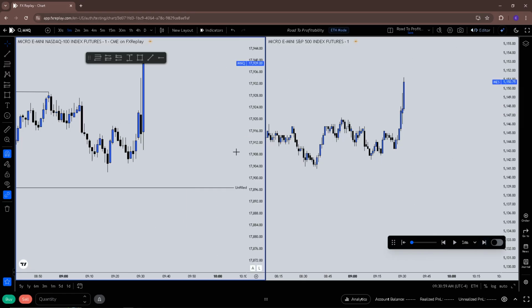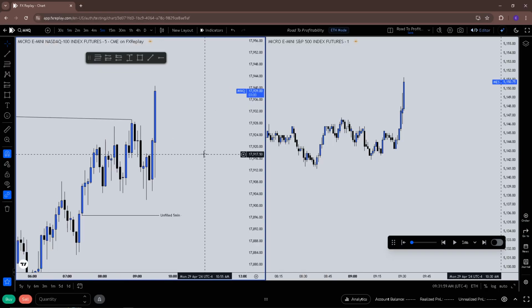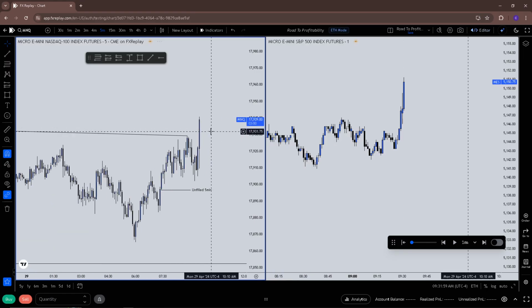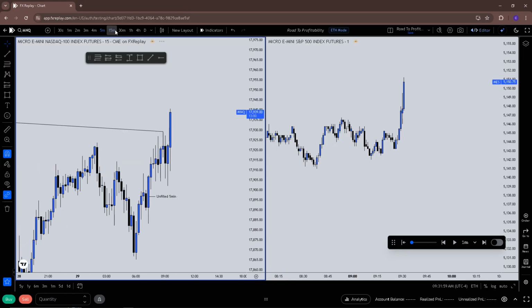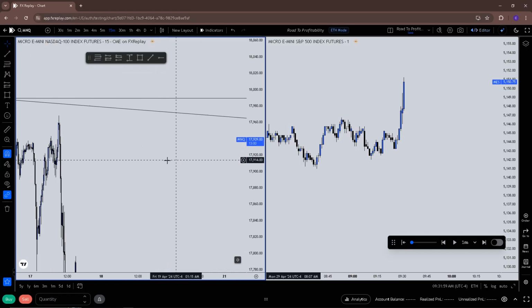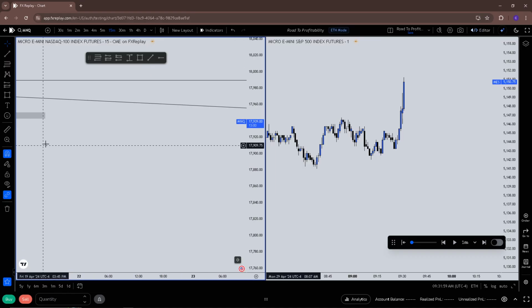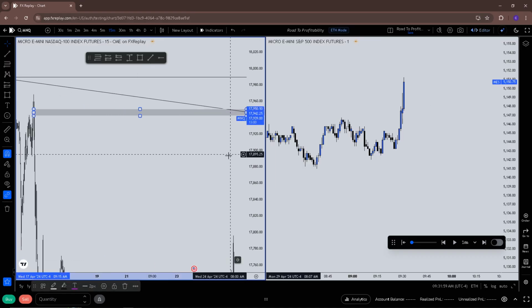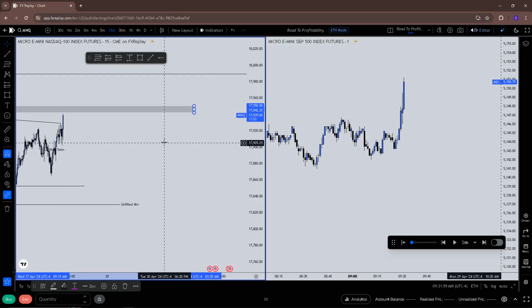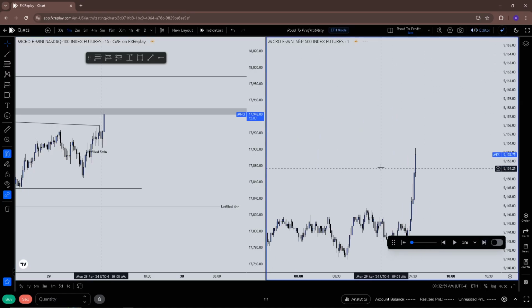Could see us coming and tapping in, and immediately we get a move higher. 5 minute inversion. BPR. Tap into the BPR.